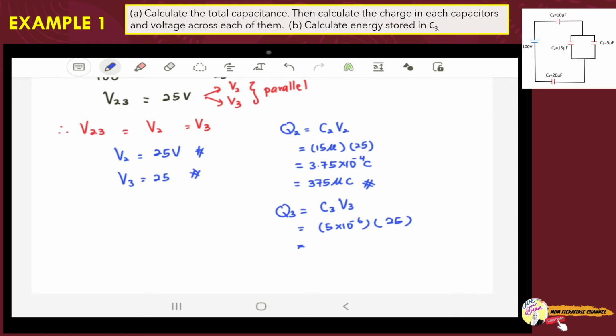Okay, and Q3 is equal to 1.25 exponent -4 coulomb. Atau you nak tulis in terms of 125 microcoulomb pun betul. Okay, so sekarang kita dah jawab semula. Kita dah ada Q2, Q3, V2, V3, and then tadi kita dah buat V1, V4 and Q1 and Q4.